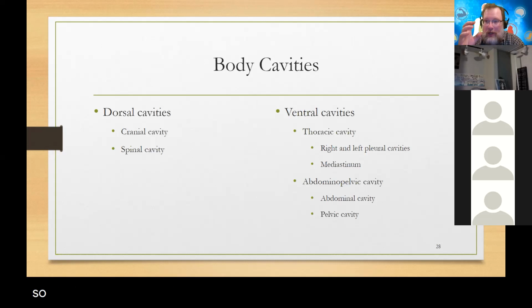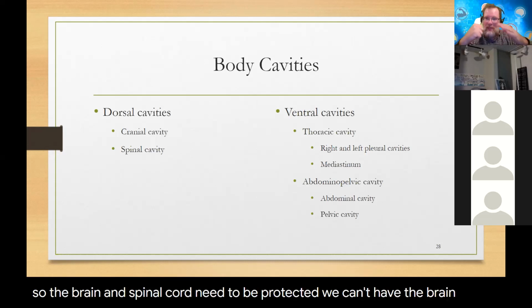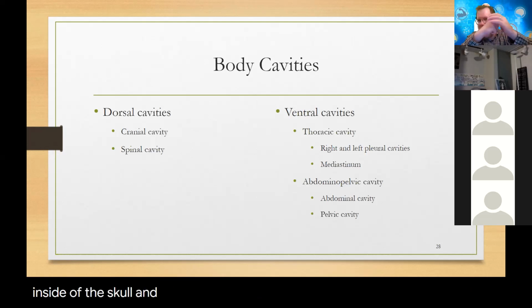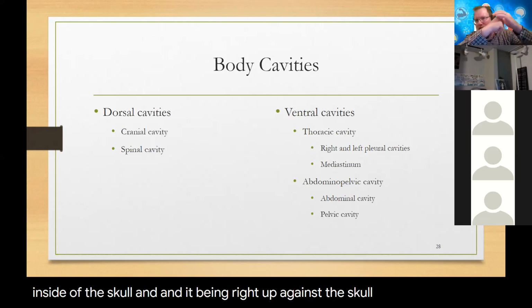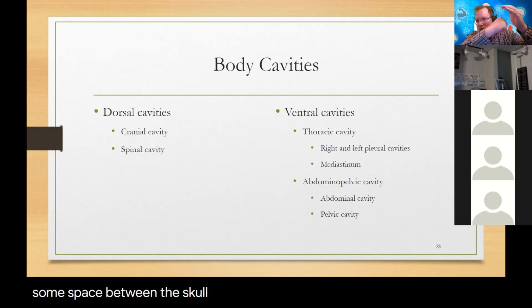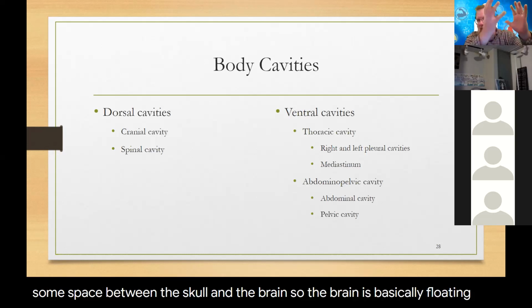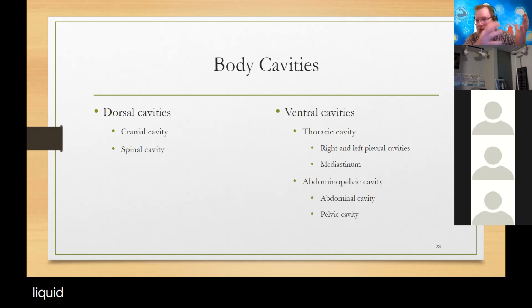So the brain and spinal cord need to be protected. We can't have the brain sitting inside of the skull right up against the skull bone. So we do have some space between the skull and the brain. The brain is basically floating in liquid contained within these cavities.